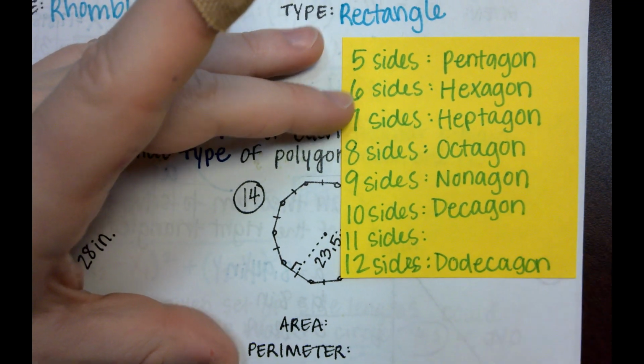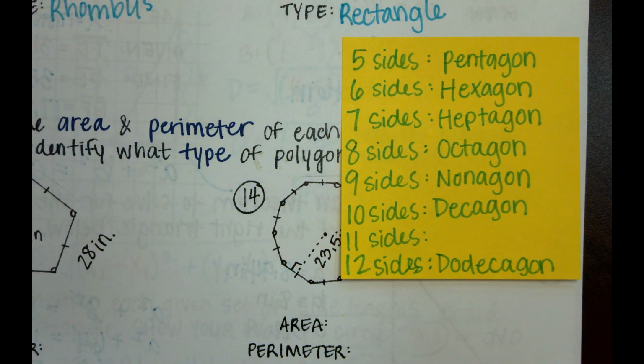Dodecagon. All right, 11 sides. What is that? Let's see. 11 sides, what are you called? I don't think I asked you for an 11-sided shape, but it would still be nice to know.